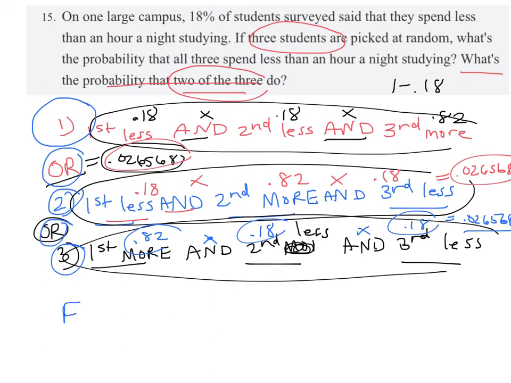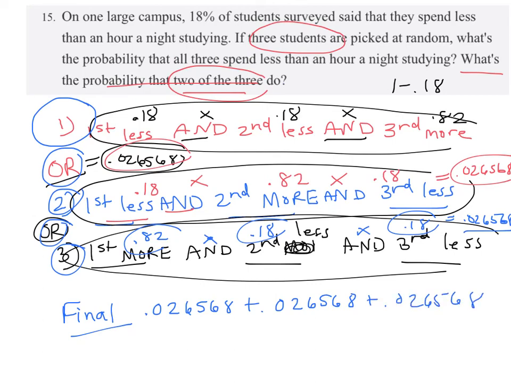So my final overall probability is the sum of these 3 answers, 0.026568 added together 3 times. So this equals 0.079704. That rounds, if you round to the nearest hundredth position, to 0.080. And that is the answer that we have for the solutions here.